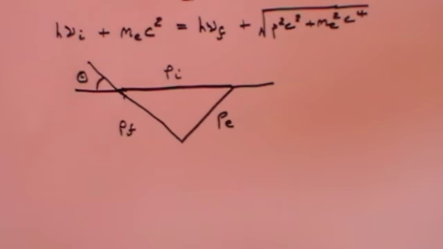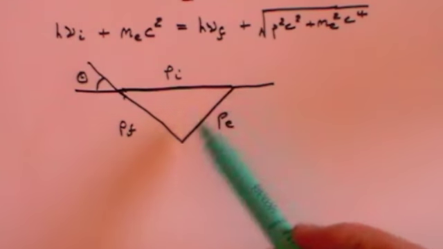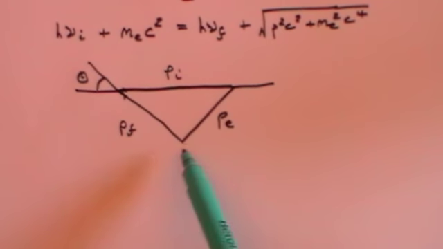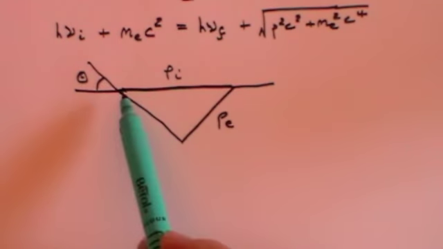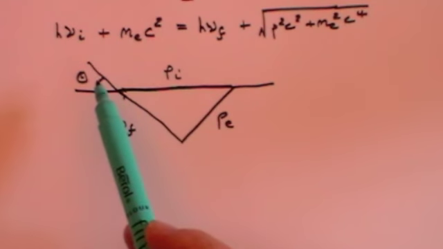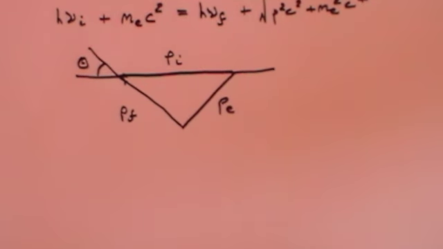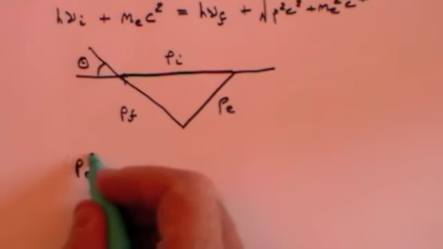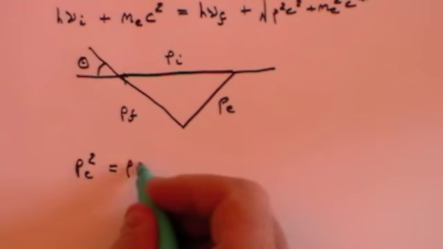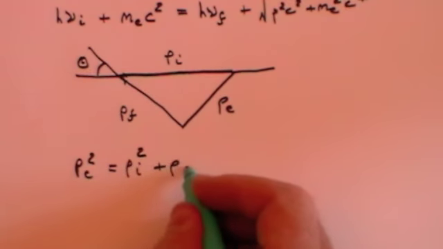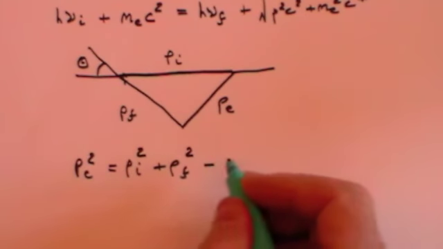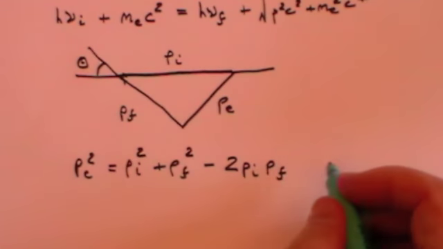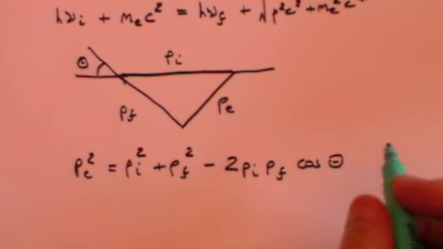The cosine rule simply says that the square of this length is equal to the square of this length plus the square of this length minus 2 times this times the cosine of that angle. It's just a standard cosine rule of trigonometry. So I'll write it out. PE squared equals PI squared plus PF squared minus 2 times PI times PF times the cosine of the angle theta.